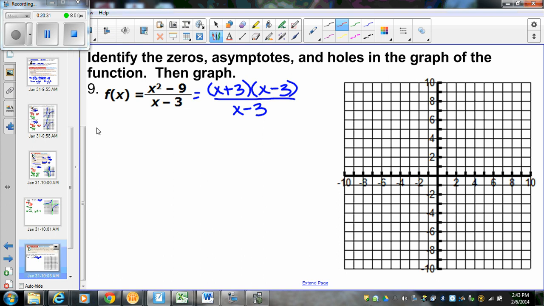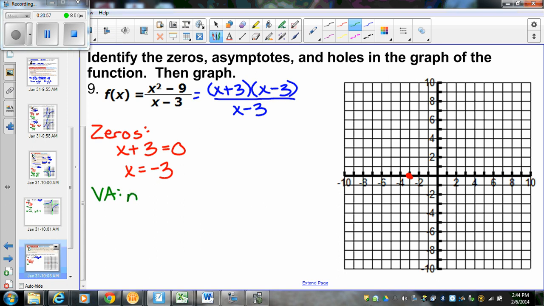I can do my zeros using factors that are in the numerator only. So that would be x plus 3. So I have a zero when x is equal to negative 3. I'm going to put that on my graph. I have a vertical asymptote for factors that are in the denominator only. I don't see a factor that's only in the denominator because x minus 3 is also in the numerator.